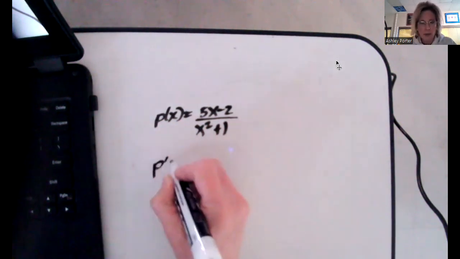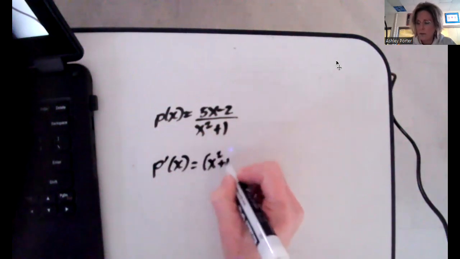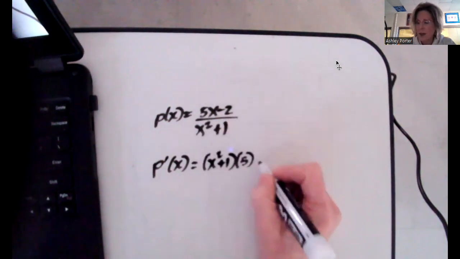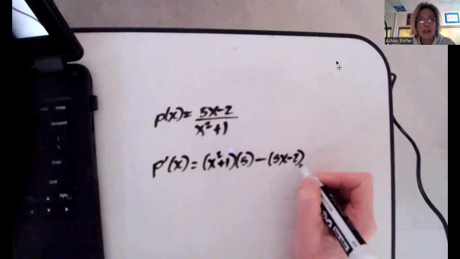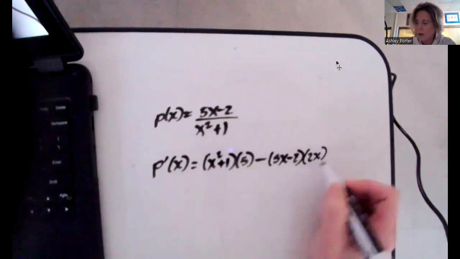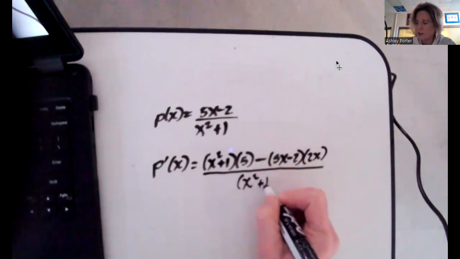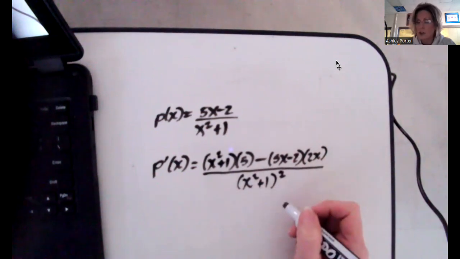So to find P prime of x, I'm going to say low d high, derivative of top is just 5, minus, you got to remember that minus, high, use your parentheses so you don't mess up your signs, d low, derivative of bottom is 2x, all over low, which is x squared plus 1, quantity squared.